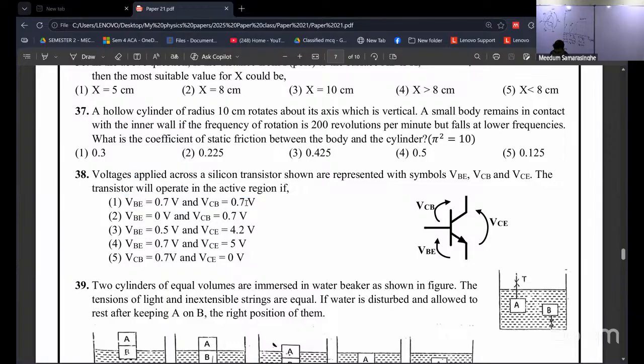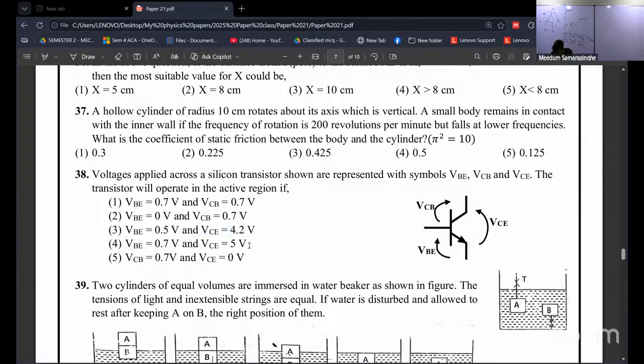If VCE is approximately 0 volt, we can assume that it is in the saturated region. But here VCB is given. Now, in this case also, the transistor can be in the active region. There is a possibility, but at this place, the transistor is in the cutoff region for sure. For the third answer, the transistor is in the cutoff region because base emitter is not forward biased.